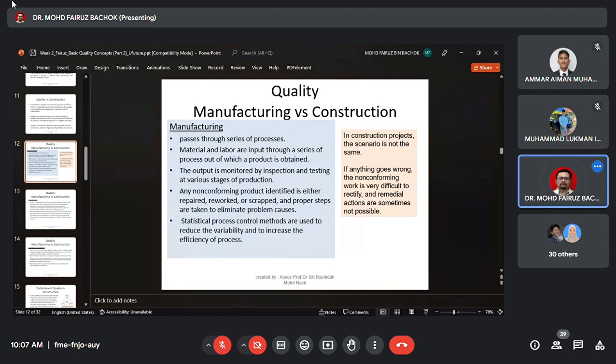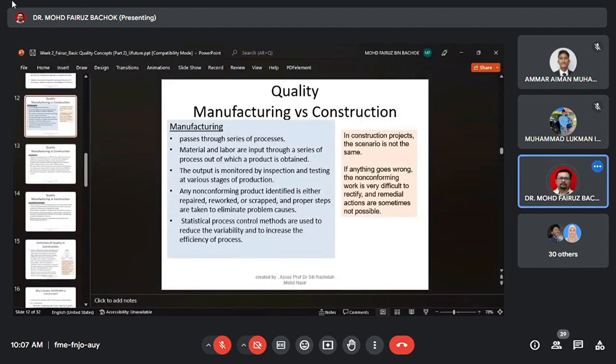That's the reason, again, prevention is better than cure. You need total quality management on site.